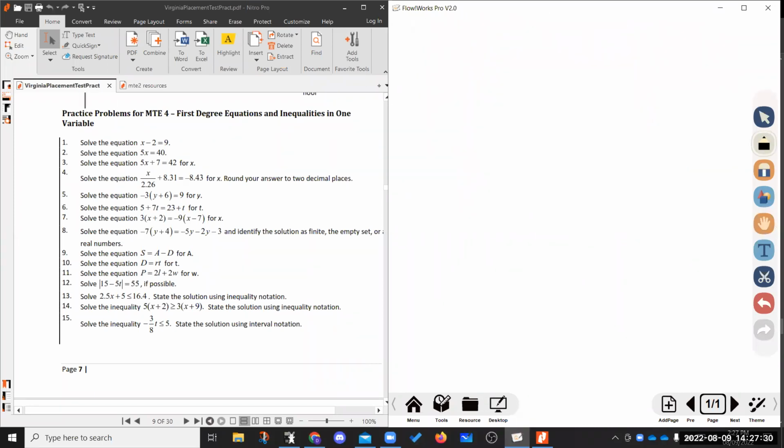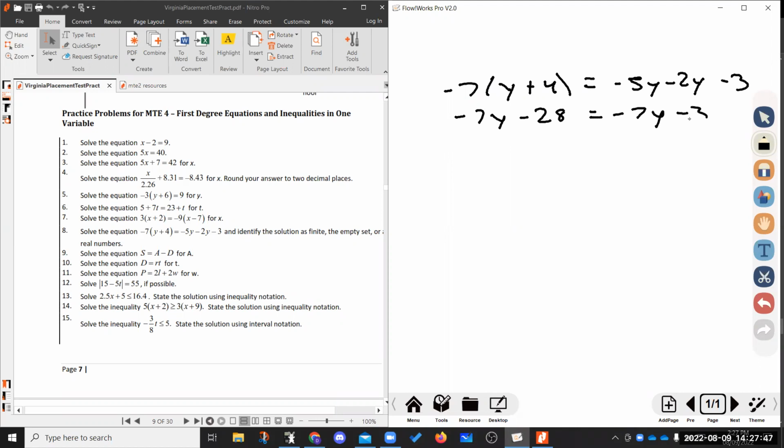Number 8 is negative 7 times the quantity y plus 4 is equal to negative 5y minus 2y minus 3. Again, simplify both sides separately. We've got a problem though, that when we try and get our y's together on one side, all the y's go away and I end up with a false equation that says negative 28 is equal to negative 3.